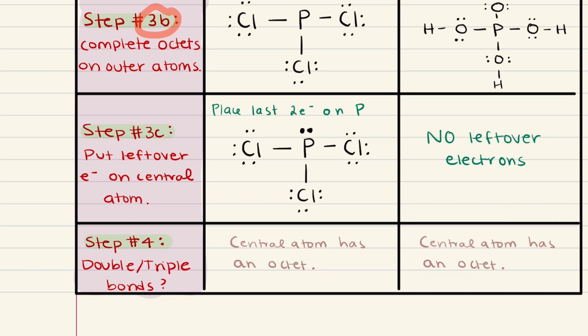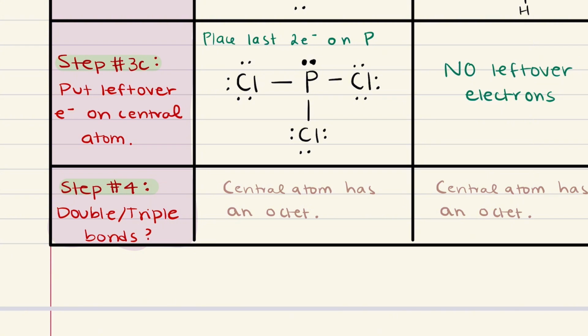The last step, step 4, is where you do a quick check. If the central atom has less than an octet, give it an octet by forming double and triple bonds from the electrons on the outer atoms. In the structure that we've drawn, the central phosphorus atom has 3 bonds and 1 lone pair.